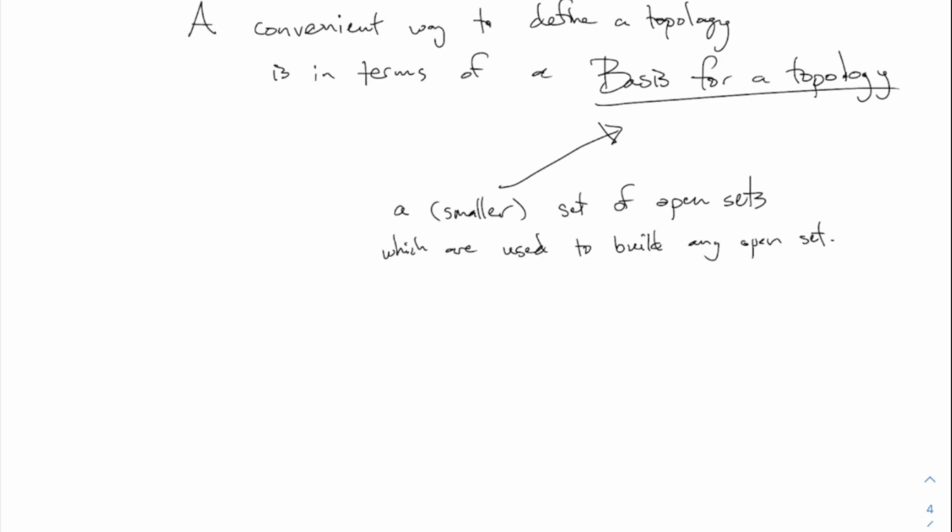It's not that any open set is an open interval. In R, any open set is a union of open intervals. And so R with the standard topology, the open intervals form a basis for the topology.